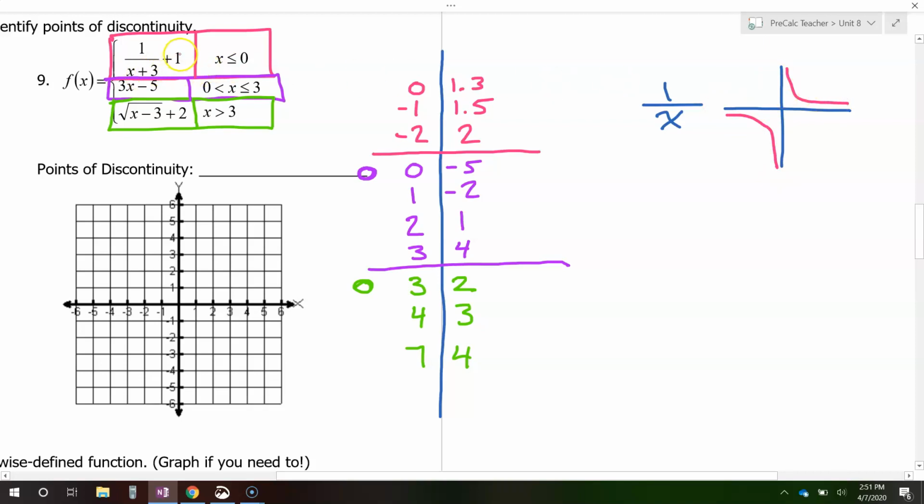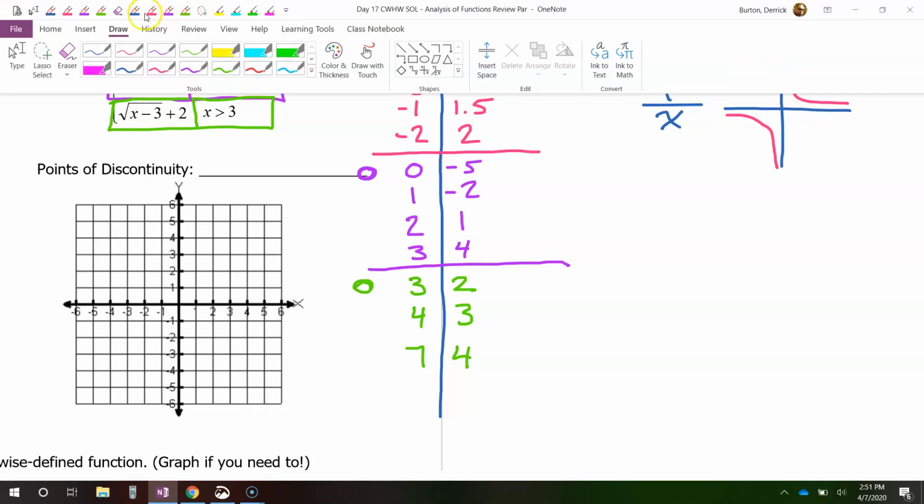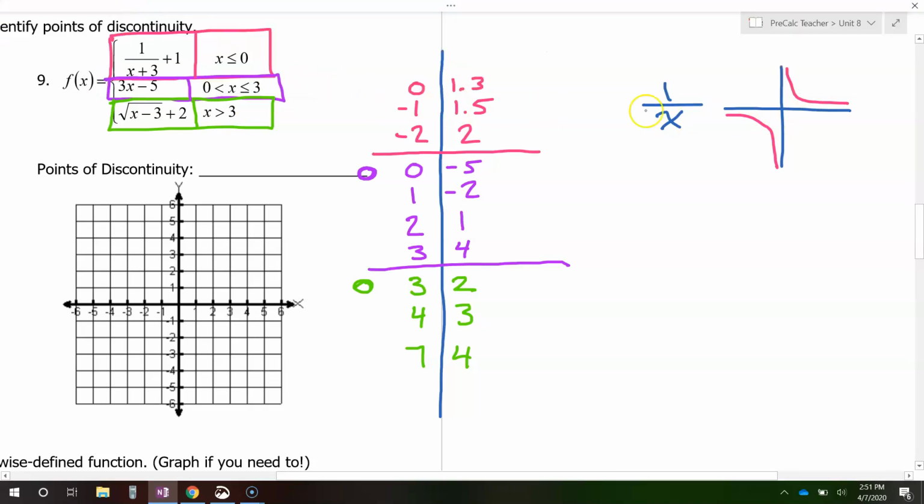The two transformations that are happening, the plus 1 is going to shift this up 1. So that means that there will be a new asymptote, which normally would be the x-axis. That asymptote will now be at 1.